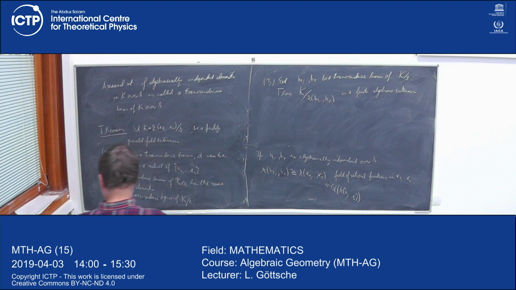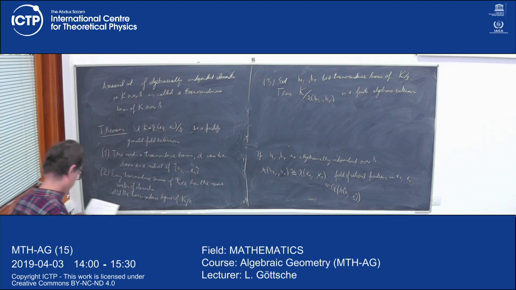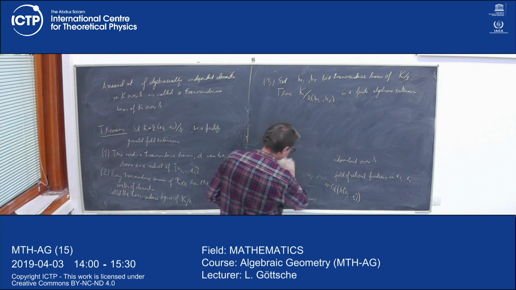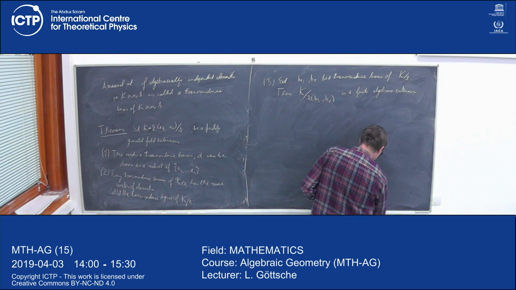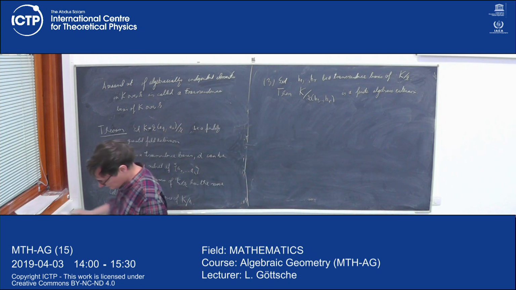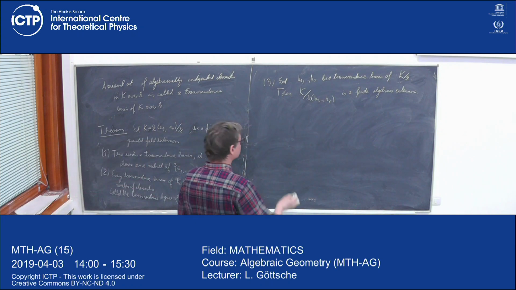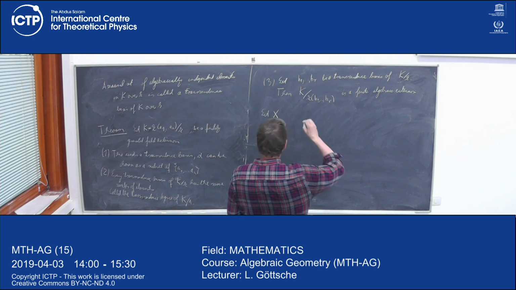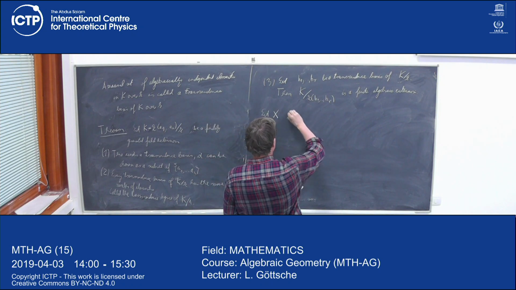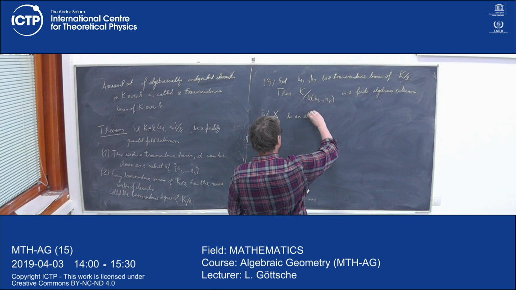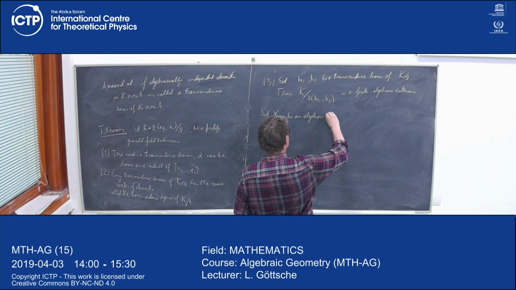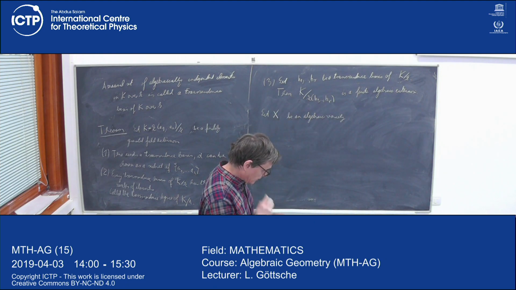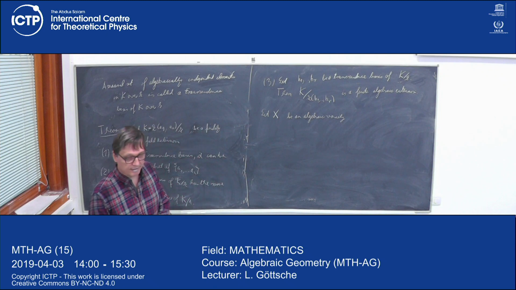So now we go back to our situation. Let X be an algebraic variety. Then X will contain an open affine subset.